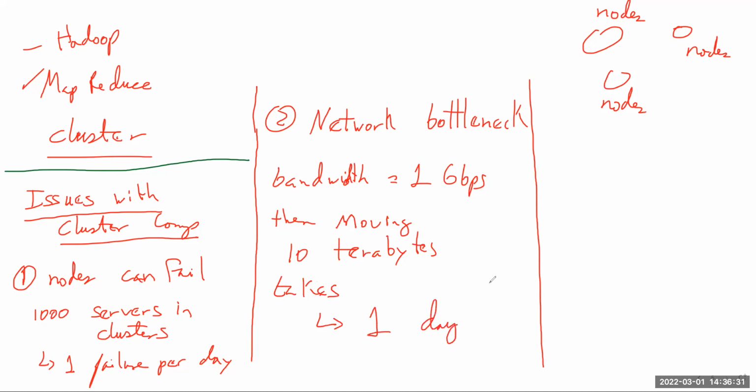So you have to understand that we're talking about serious scale here, right? Serious scale in data amount. So obviously, assuming a specific bandwidth here, and you're moving, let's say, about 10 terabytes, that can take 1 day. So when you're moving a lot of data, if it's taking a day, that's really slowing down the job.